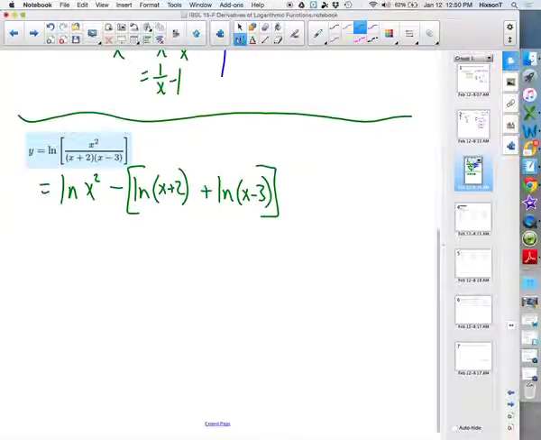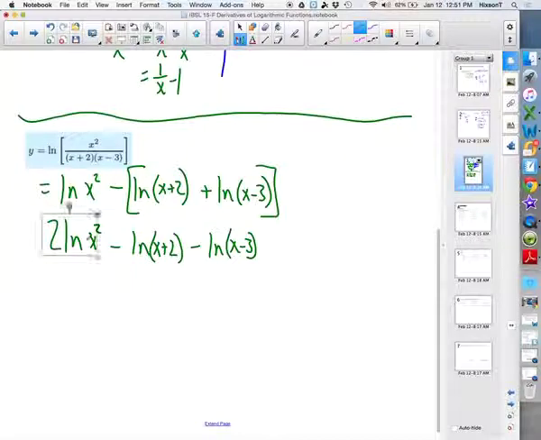And to make things even simpler, I would go ahead and distribute the negative. So it's ln of x squared minus ln of x plus 2 minus ln of x minus 3. And if you want to, what could we do with this ln of x squared? 2 times ln of x. Yeah, let's make it that.